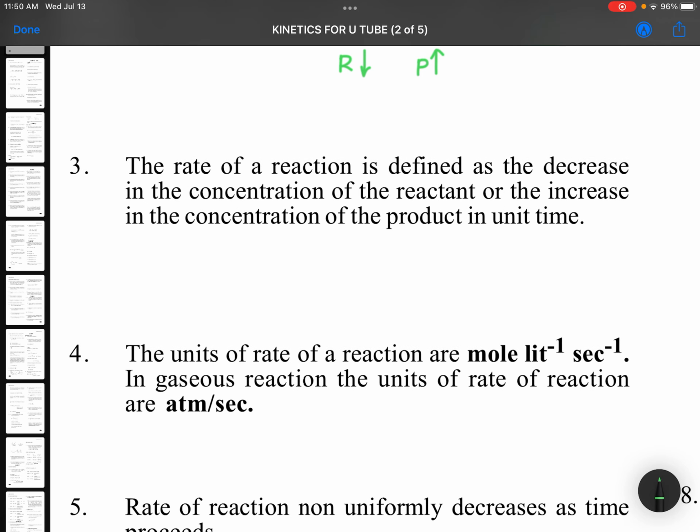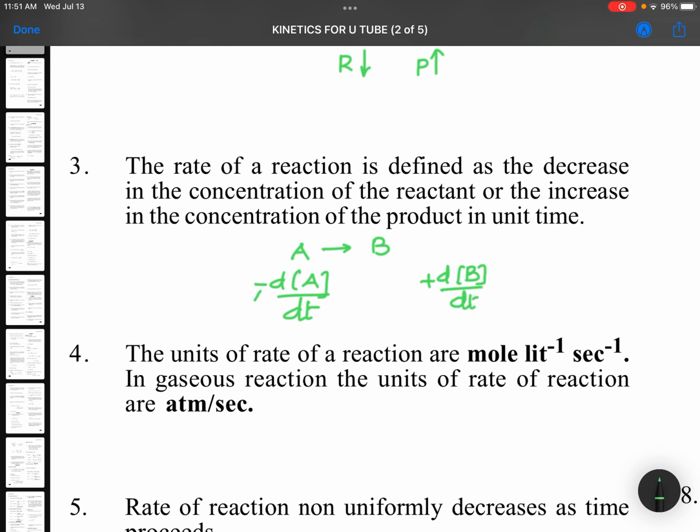The rate of reaction is defined as the decrease in the concentration of the reactant or the increase in the concentration of the products in unit time. For example, A gives rise to B. Then rate is equal to minus dA by dt, where dA by dt means change in concentration, and plus dB by dt, where dB by dt means change in concentration.